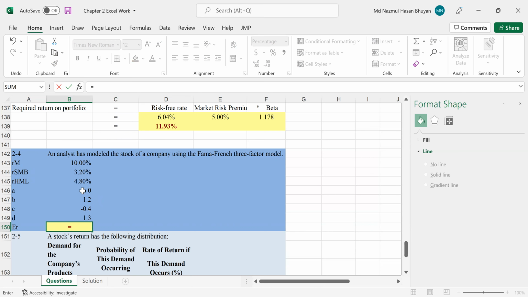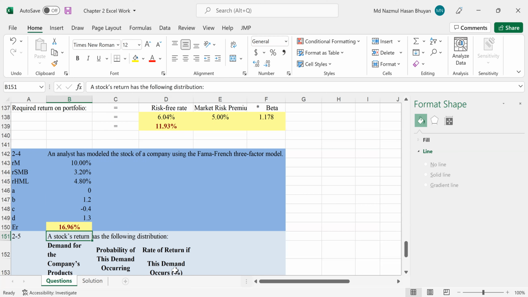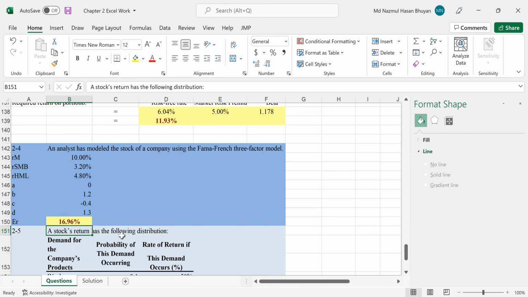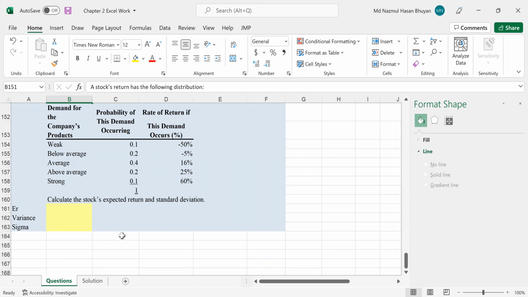It's equal to risk-free rate, then plus RM times beta coefficient plus SMB times beta coefficient for SMB plus HML times beta coefficient for HML, and then our required rate of return in this case is how much? 16.96%.